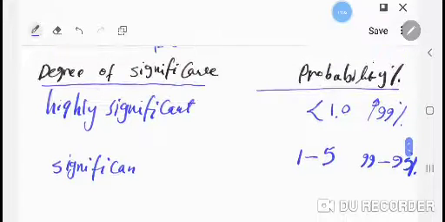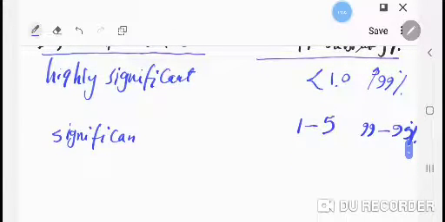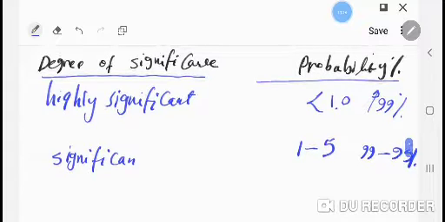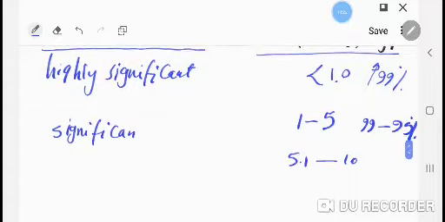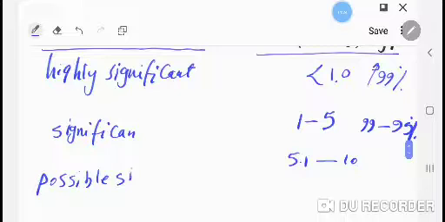When the degree of significance, or the probability, is between 5.1 to 10, it is possibly significant.